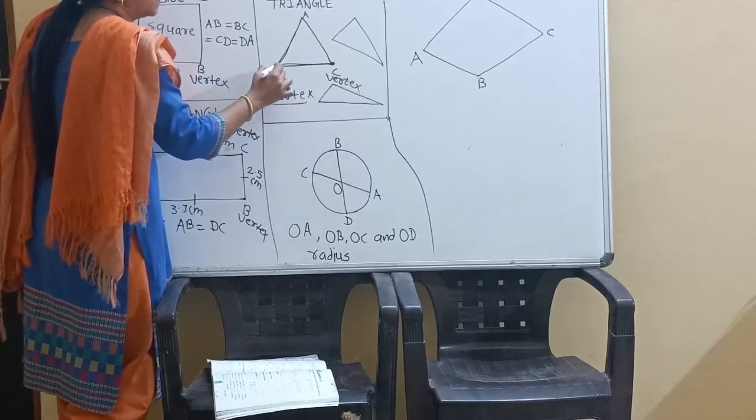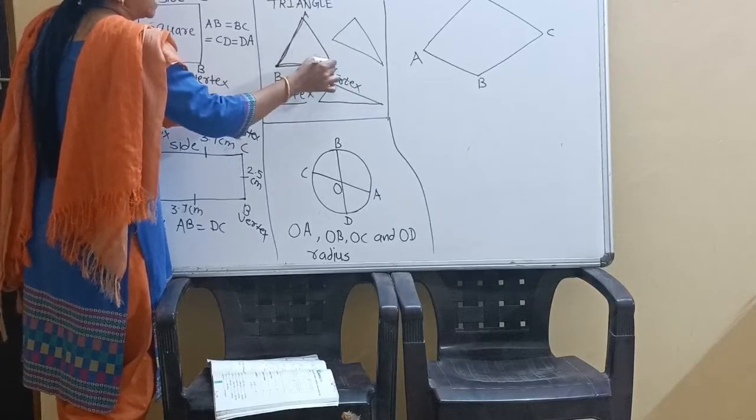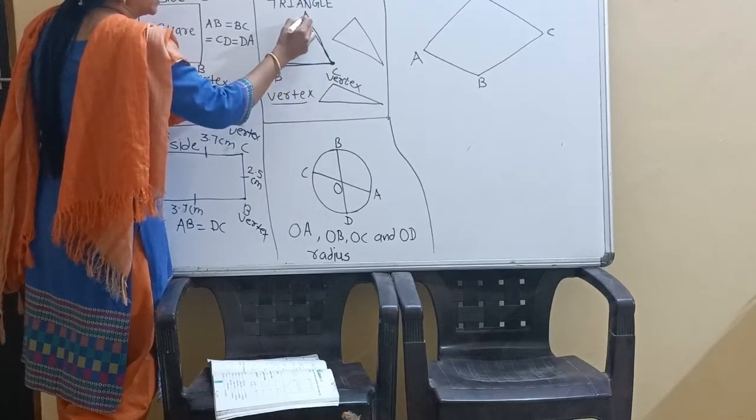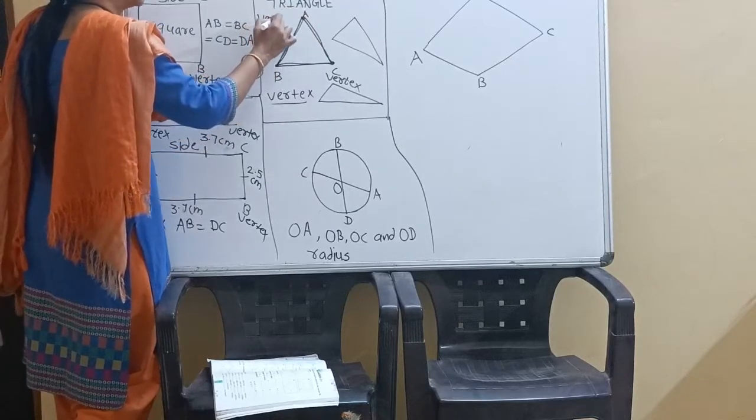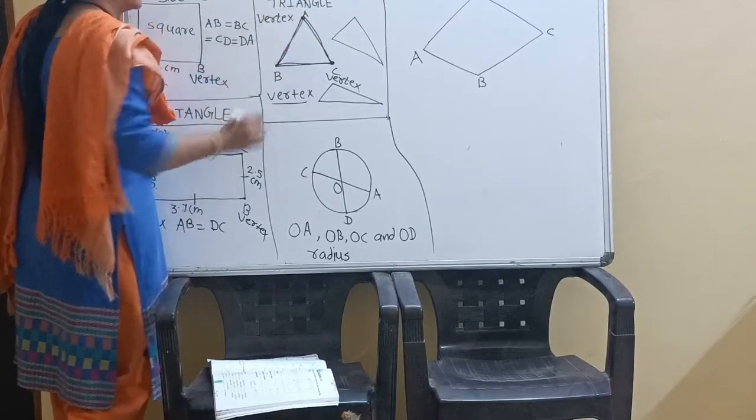And line AB and line AC are joining at this A point, that is called a vertex.